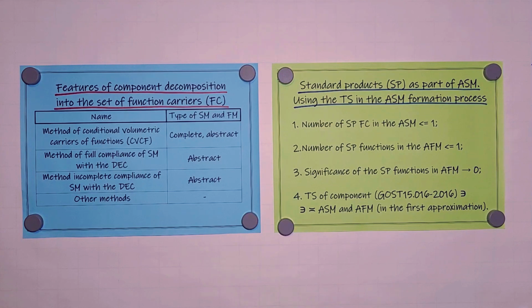In addition to the above described technique of conditional volumetric carriers of functions, a subsection of the technical specification devoted to the composition of the product can be used when forming the structural model.